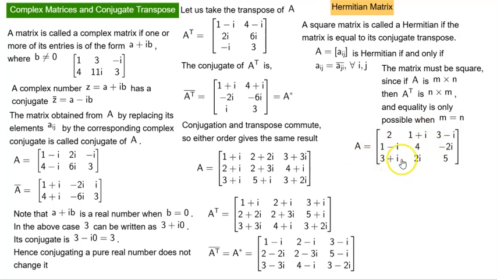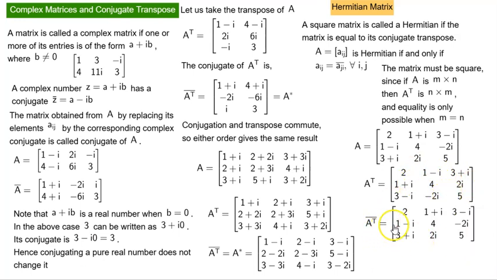So let's take an example. We have A is equal to 2, 1 plus i, 3 minus i, 1 minus i, 4, and so on. Its transpose would be 2, 1 minus i, 3 plus i, and so on. And its conjugate would be 2, because it's just a real number, 1 plus i, 3 minus i, 1 minus i, 4 minus 2i, 3 plus i, plus 2i, and 5.